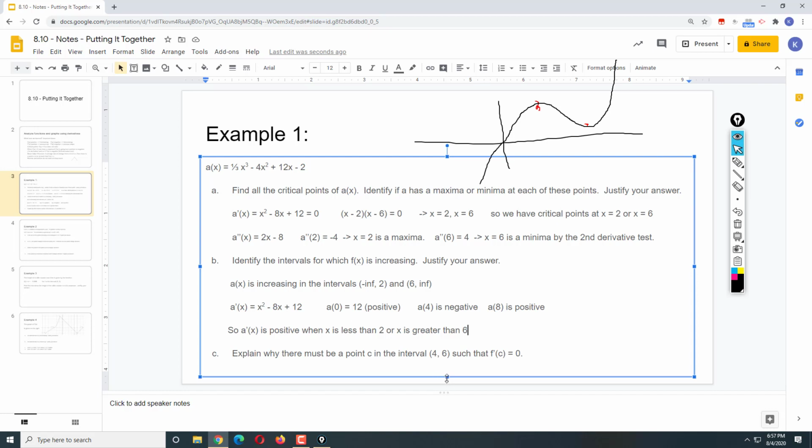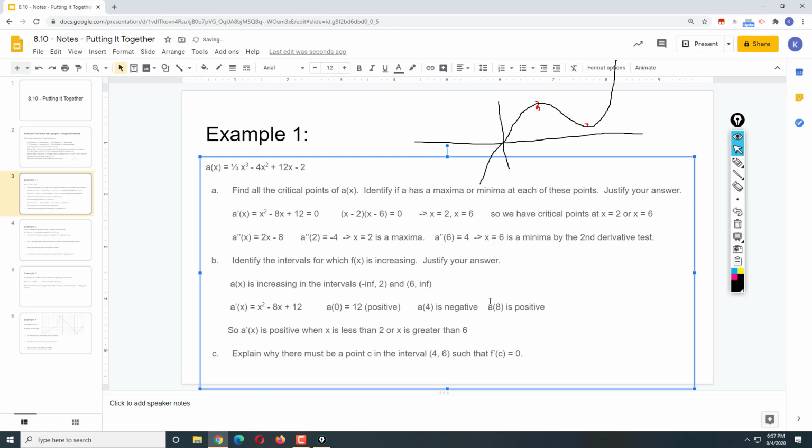Part C. Explain why there must be a point C in the interval 4, 6 such that the second derivative is 0. Well, we know that our derivative A prime of x is 0 at x equals 4 and x equals 6.